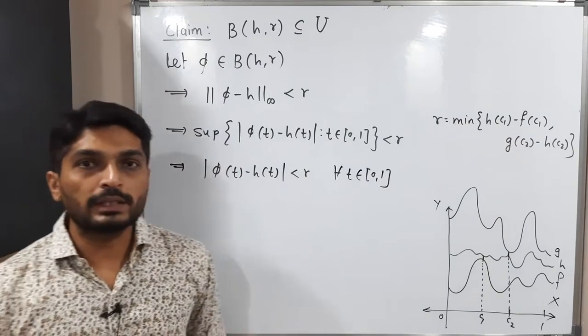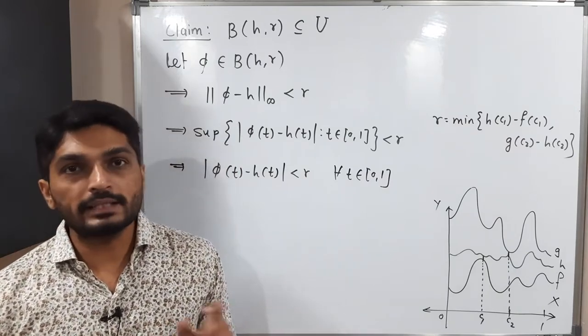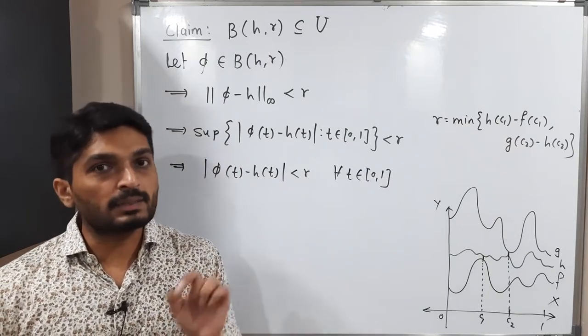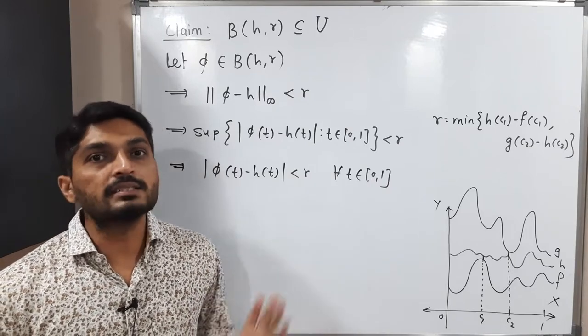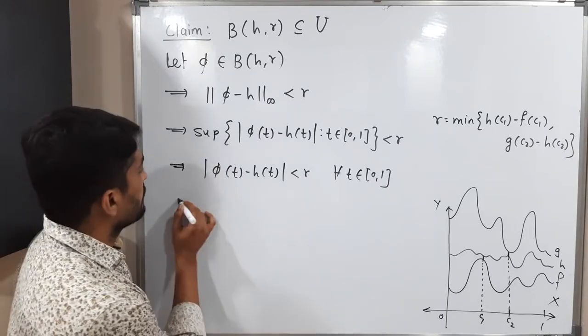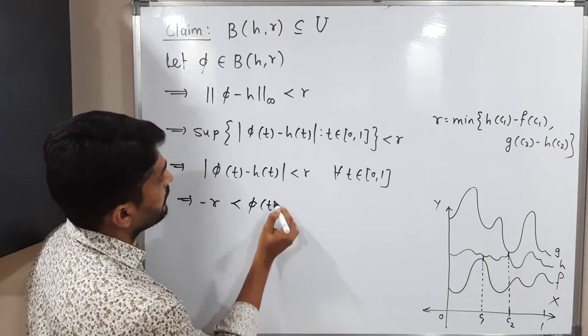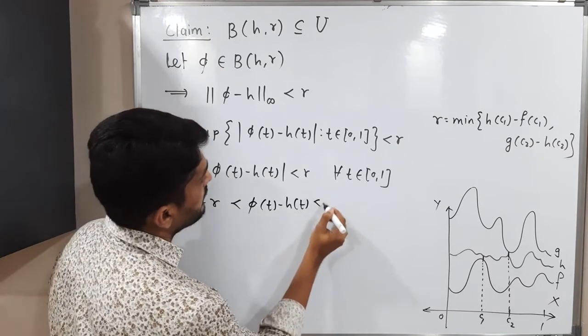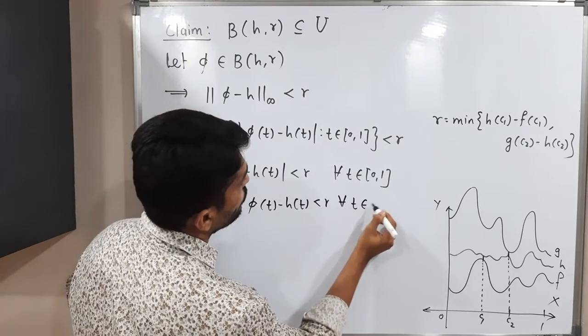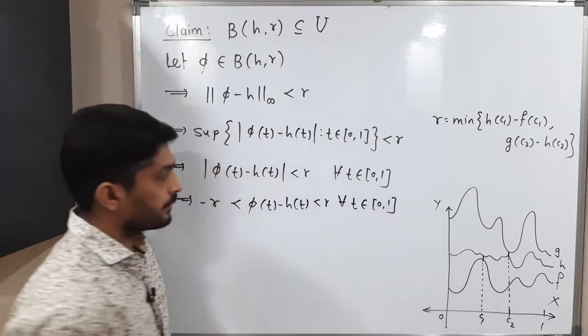You are familiar with one result of mod: mod a less than b if and only if minus b less than a less than b. That famous result I am going to use. So we will have minus r less than phi of t minus h of t less than r for all t belonging to the closed interval 0, 1, right?